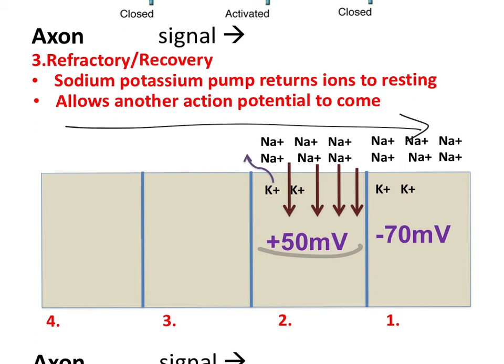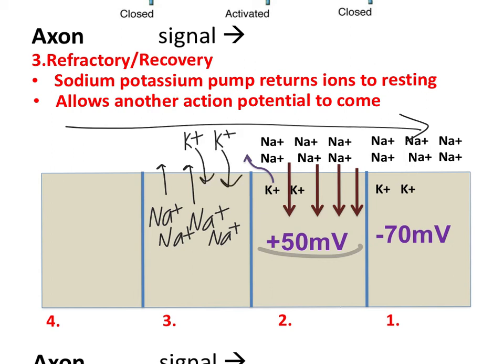After the sodium channels open and we have all of the sodium inside of the cell, it needs to recover so that it could send another message in the future. So the way that it recovers is by pumping that sodium back out and allowing the potassium to come back in.